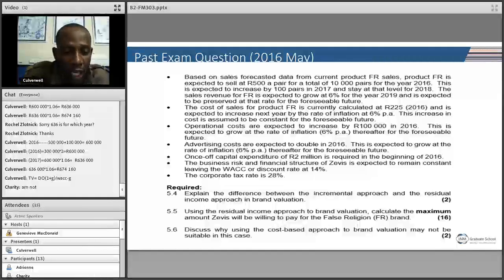On your terminal value, calculate your terminal value standing on its own first. So this is what you do. Remember, we were talking about how to calculate net profit for year 2016, 2017 and 18. Let me use the example on the question paper itself on page 6 of 8.